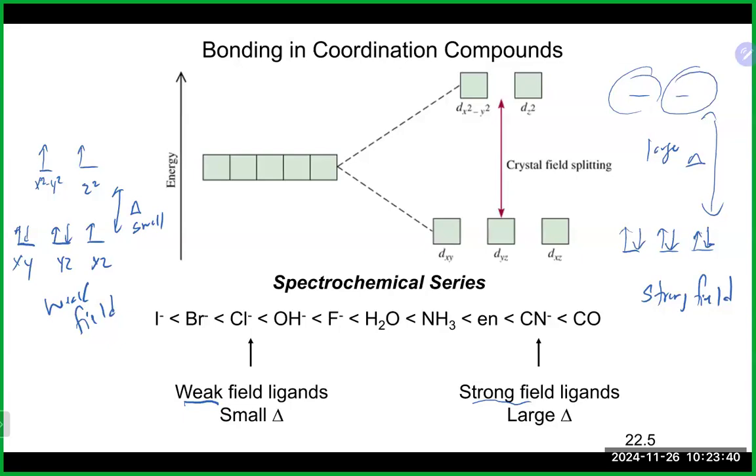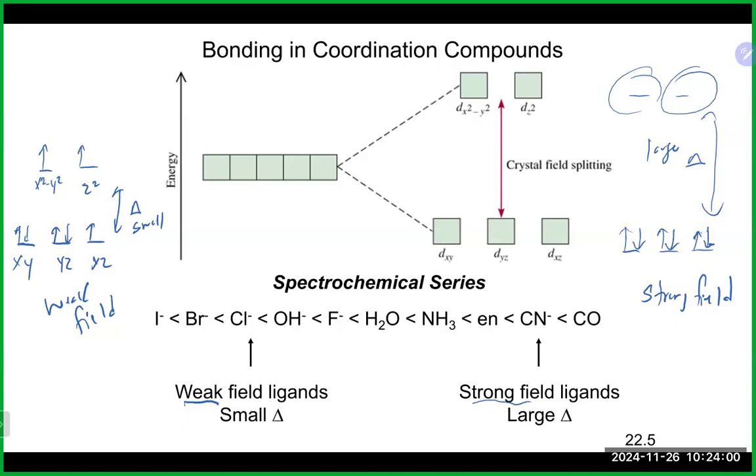So the result of this, as you can see in this example, is that you will end up with either more unpaired electrons or more paired electrons. Paired electrons are electrons in the same orbital with opposing spin, Ms is +1/2, -1/2.